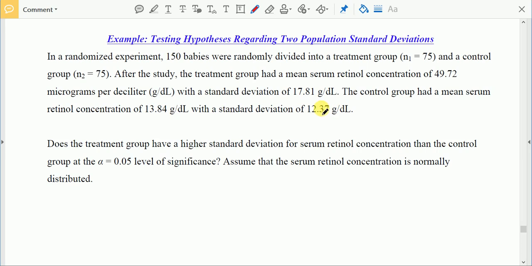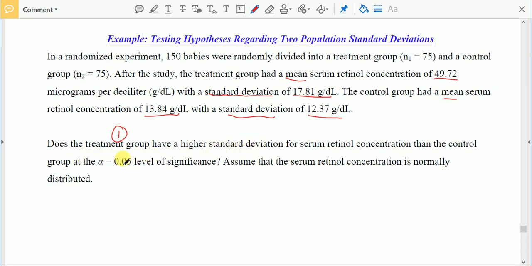So they give you the mean and standard deviation for the first group, and the mean and standard deviation for the second group. So they give you both parameters. But you have to pay attention to the question they ask: does the treatment group, or the first group, have a higher standard deviation?